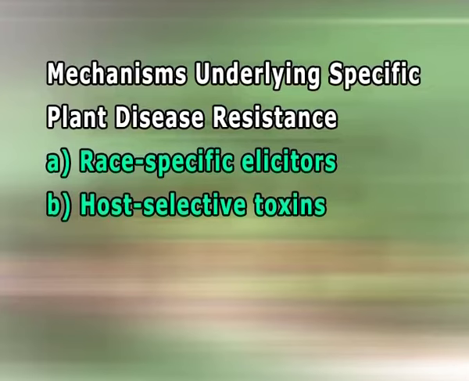Host selective toxins. Race cultivar specific pathogen resistance can also occur due to the production of compounds that are toxic to plants. These host selective toxins are generated in a race specific manner mainly by necrotrophic species of several fungal genera, including Alternaria. A few of the approximately 20 known host selective toxins are proteins or peptides that are directly encoded by race specific pathogen genes.